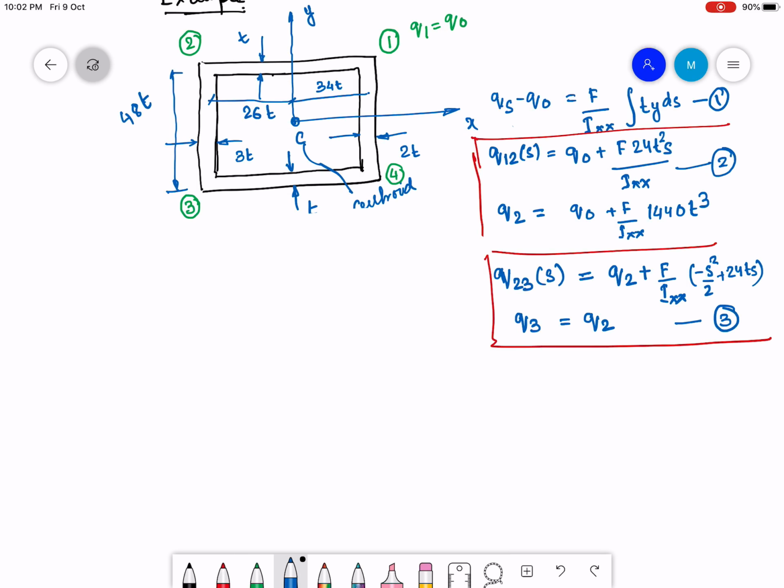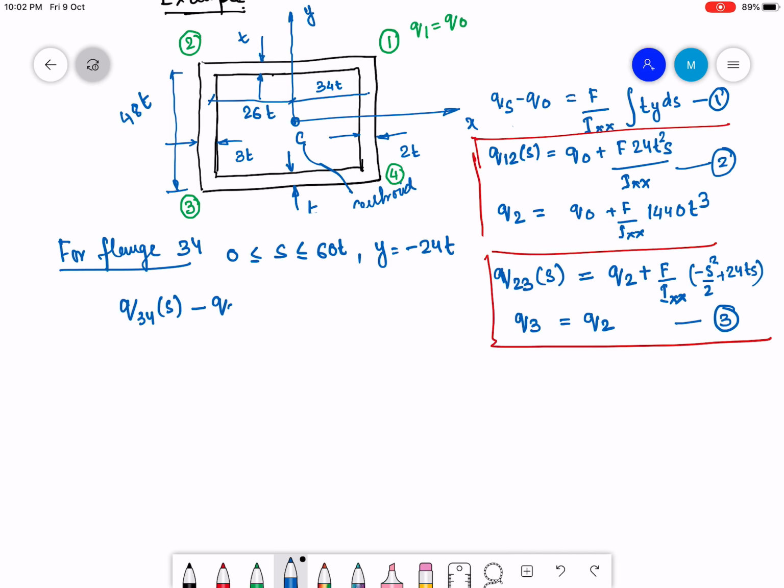Now let me find out for flange 3, 4, where S is going to 60T. So Q34S minus Q3 is going to be F by Ixx.